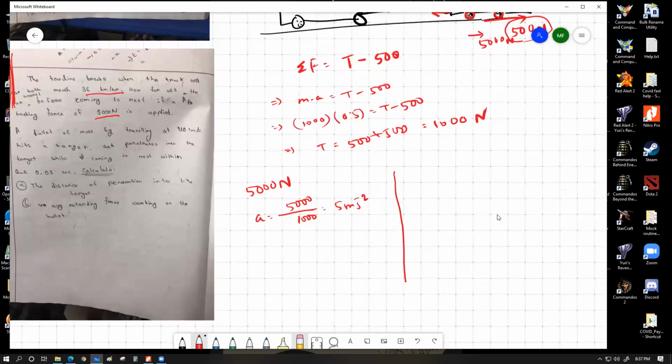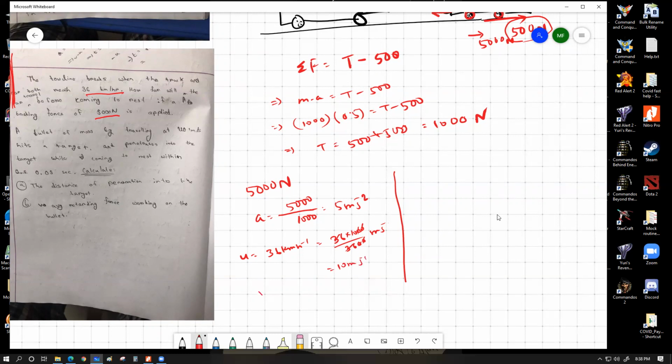The initial velocity is 36 kilometers per hour, which is 36 into 1,000 divided by 3,600 meter per second. We have 10 meter per second speed.